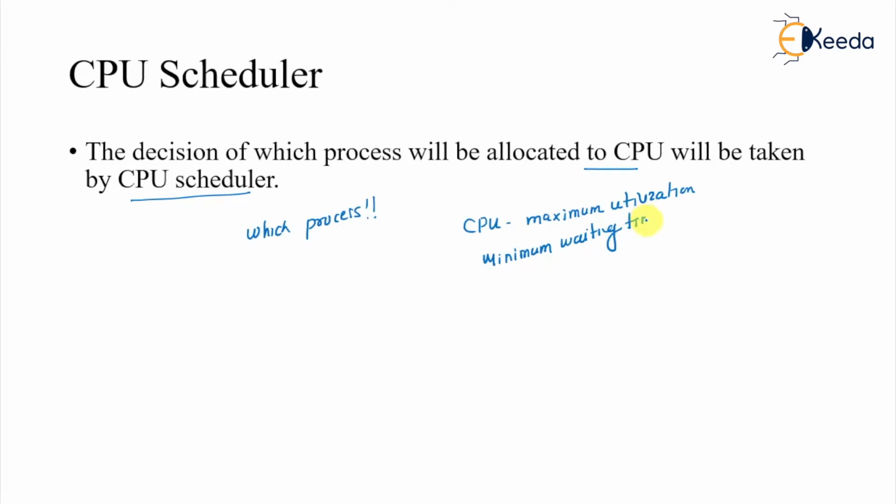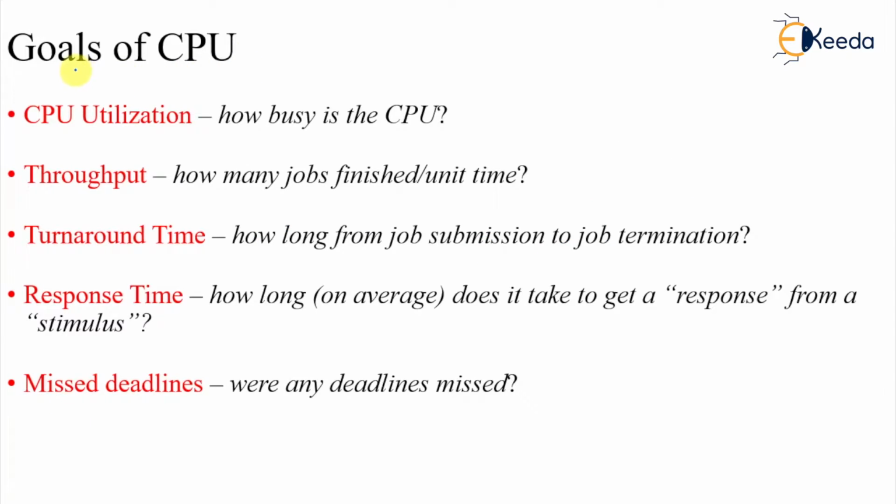So there can be different criteria for different policies. Here are the goals of the CPU scheduler, the goals they want to achieve.